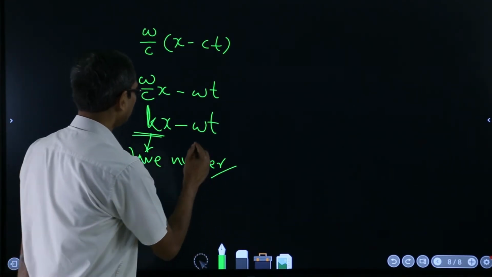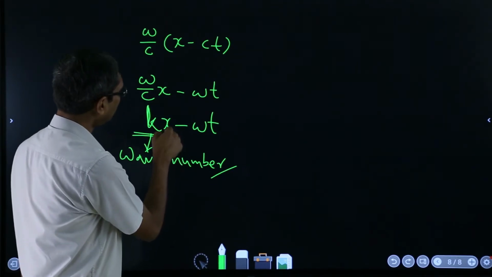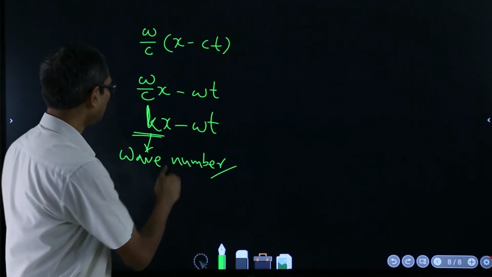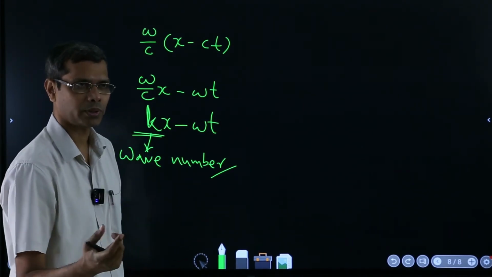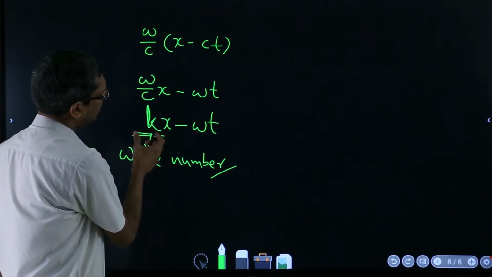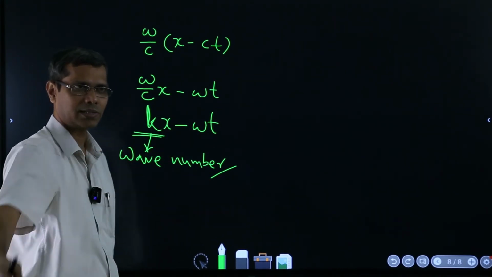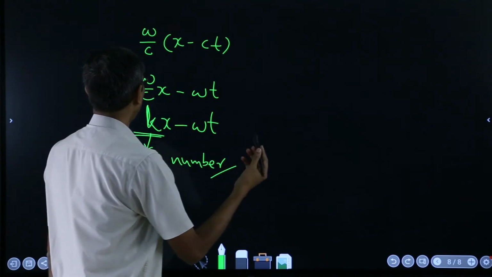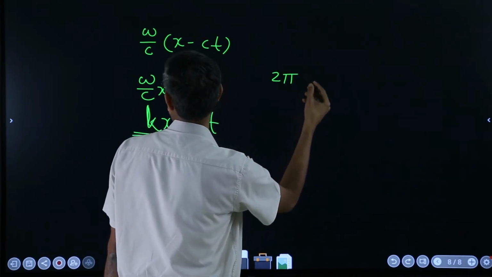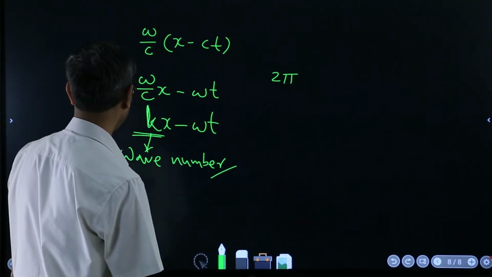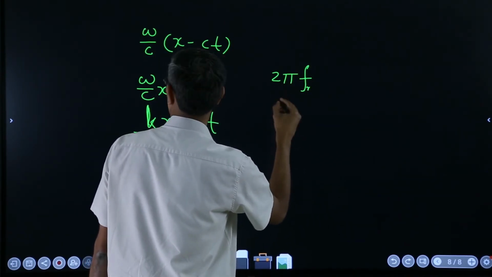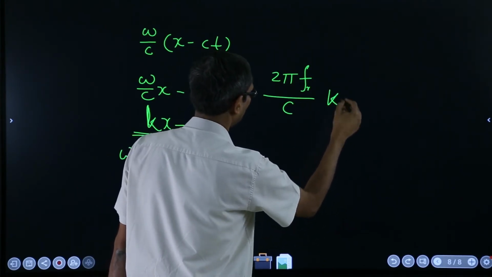Okay. Now you see this here. If I change x to x plus lambda so that an increment of 2 pi happens, then that means the shape will repeat itself, isn't it? So that means 2 pi f over c is equal to k.